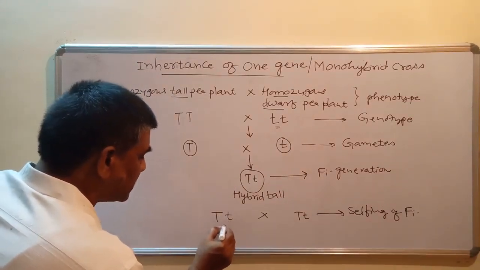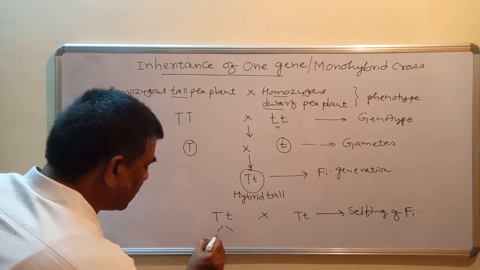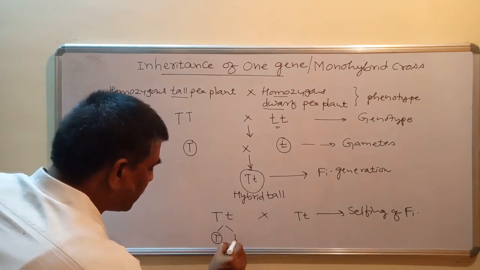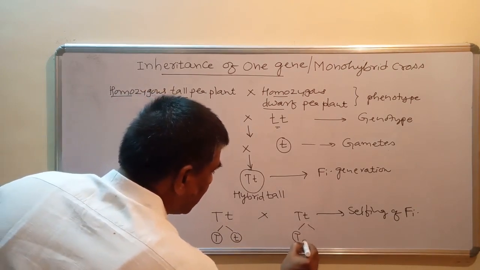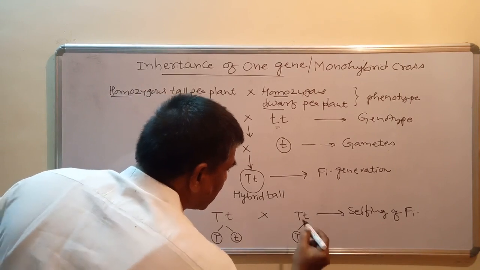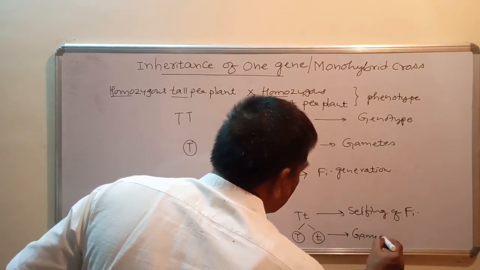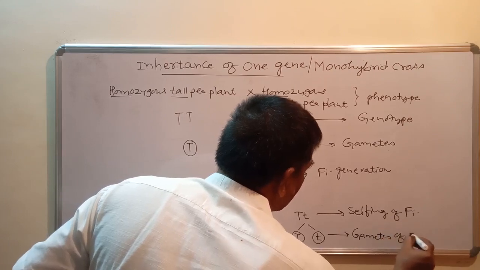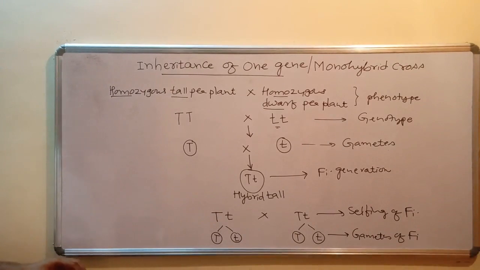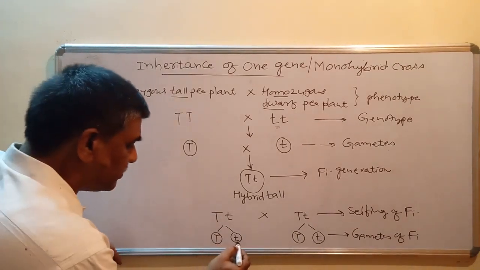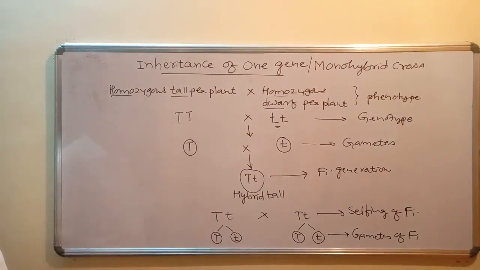Since these are different, we should take both capital T and small t, and similarly here also capital T and small t. So these are the gametes of F1 generation. We must think these are the male gametes and these are the female gametes.